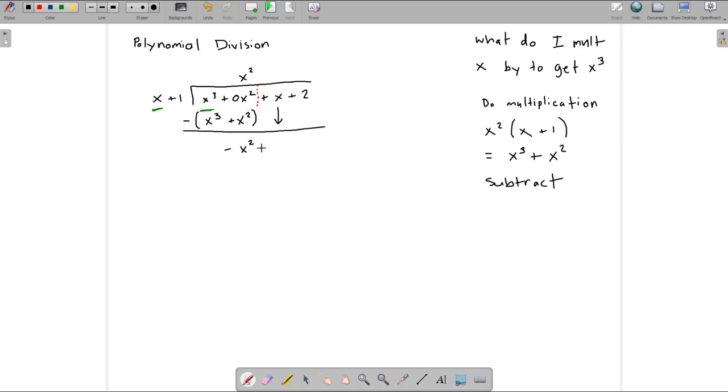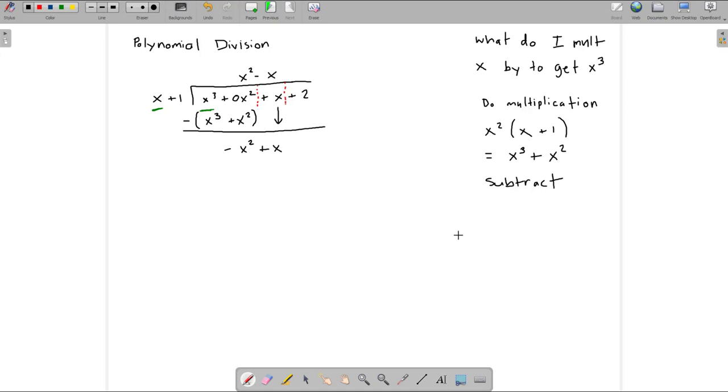Okay, let's move to the next term. We bring down this plus x, scooching our bar over a bit now. What do I want to multiply this x by to get to negative x squared? So you essentially just continue the algorithm. You can see that you need to multiply your x by a negative x to get to minus x squared, right?